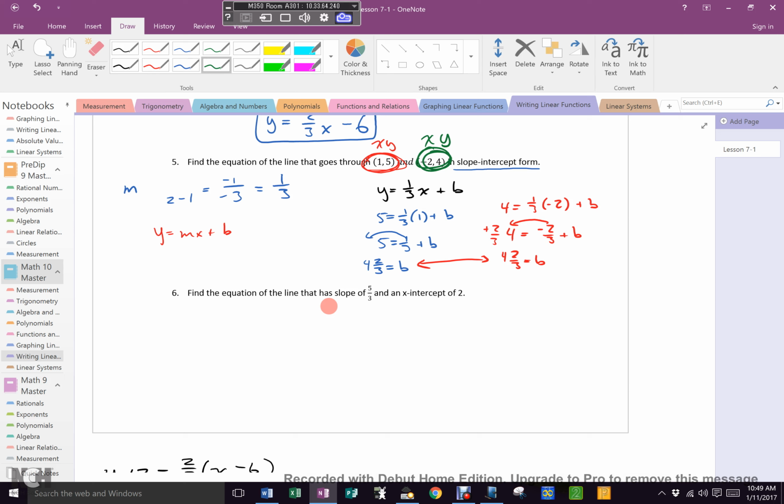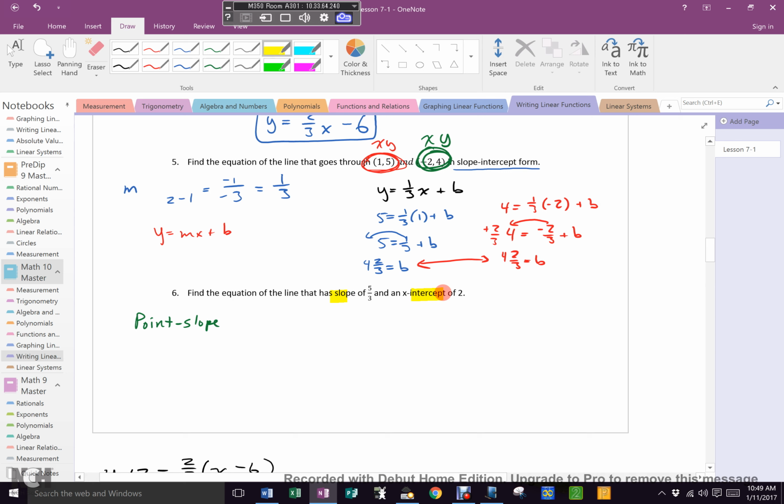Point slope form. Are you sure? Because what does the question say? You want to use y equals mx plus b, don't you? Why? Because you see slope and you see the word intercept, right?